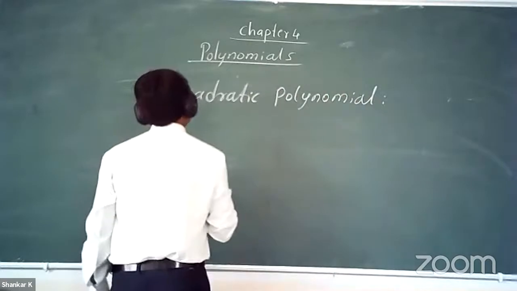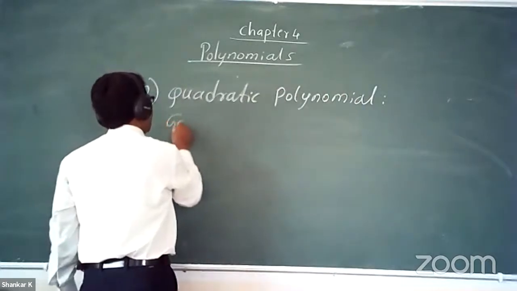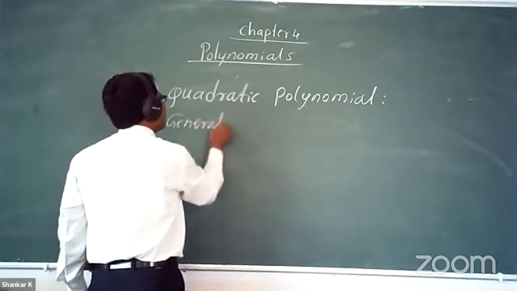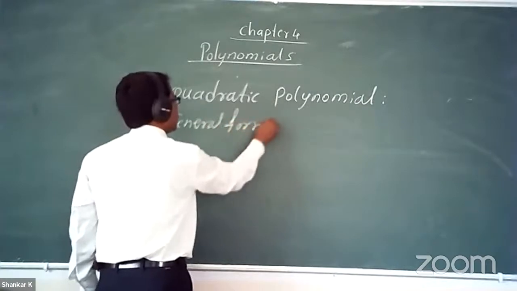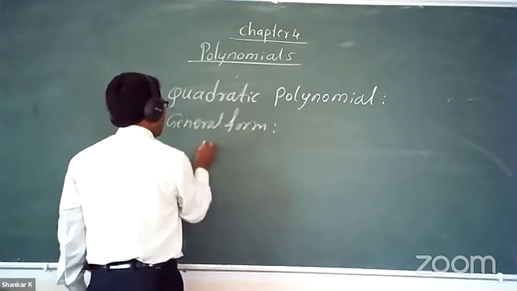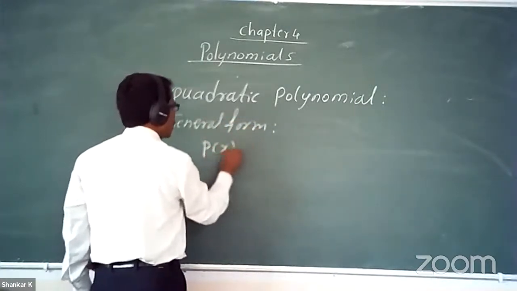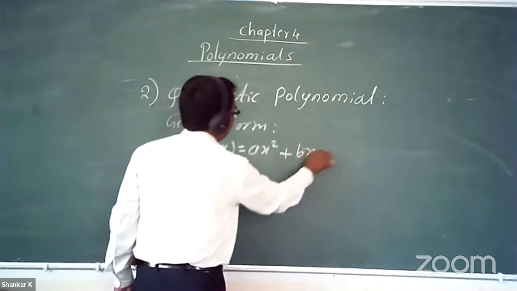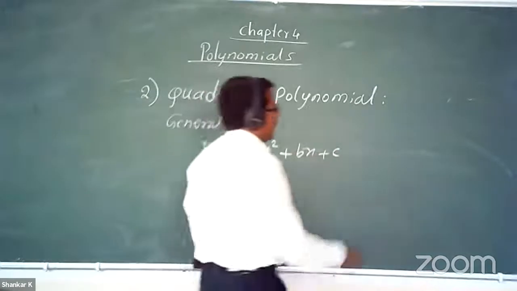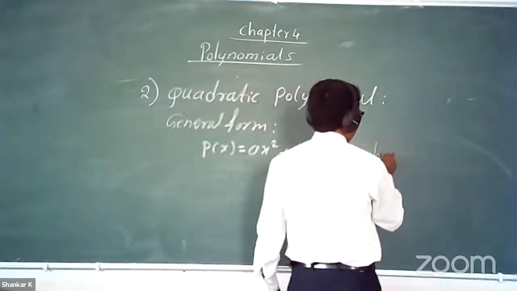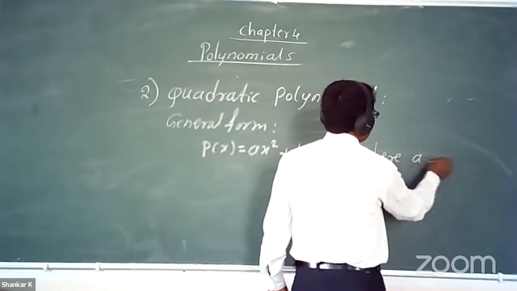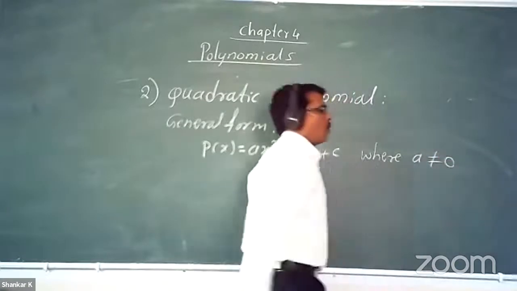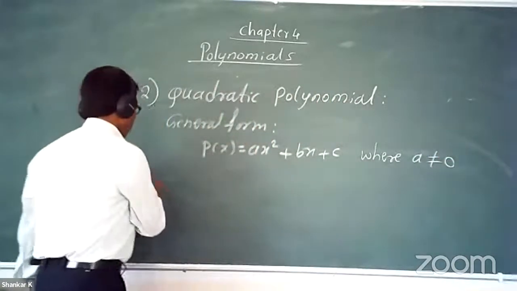Its general form is P of x equal to ax square plus bx plus c, where a is not equal to 0.